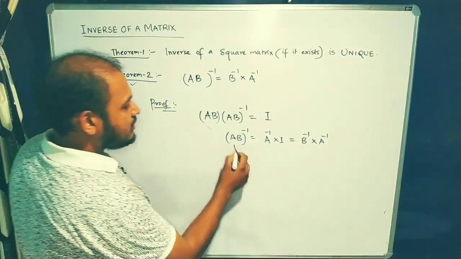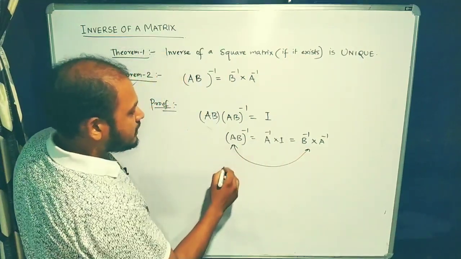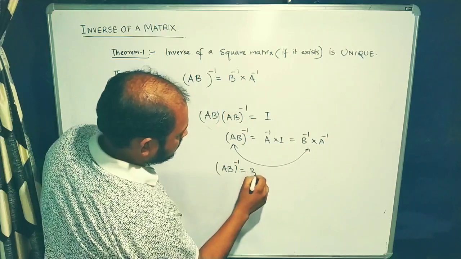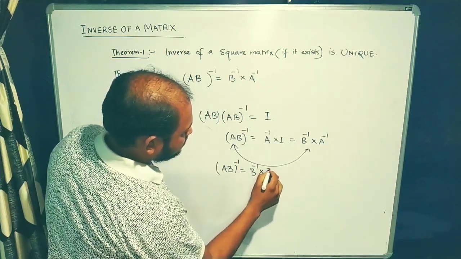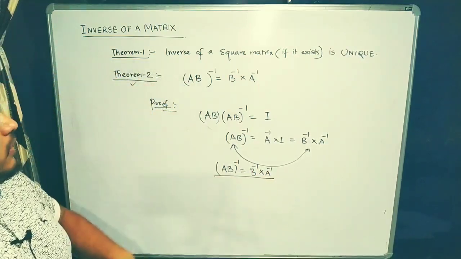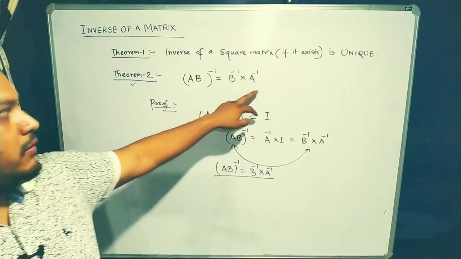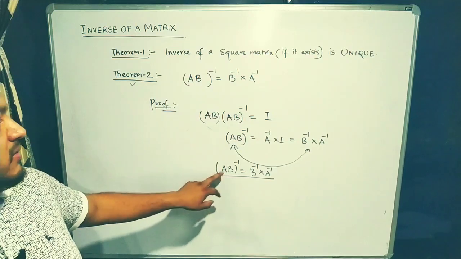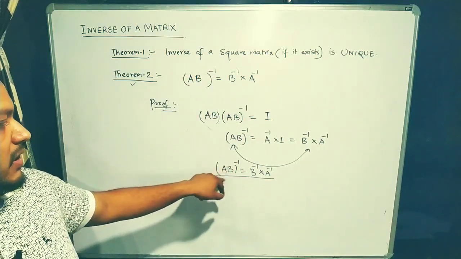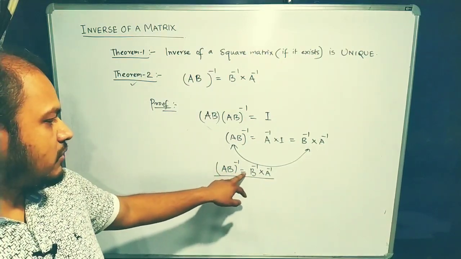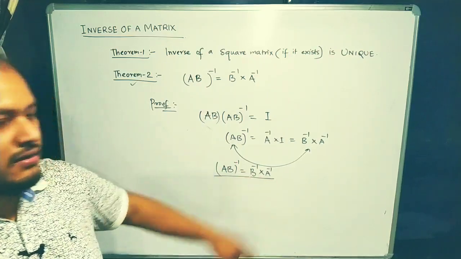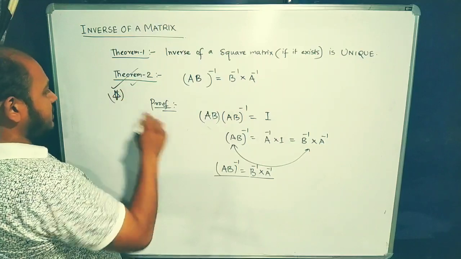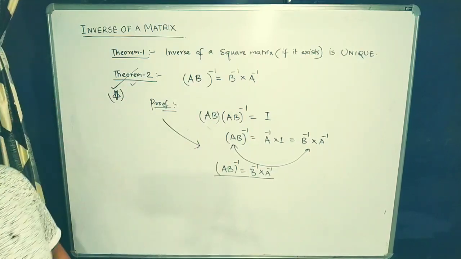So AB inverse is equal to B inverse into A inverse, and this is what we saw in theorem number 2. So we have finally proved theorem number 2: AB whole inverse is equal to B inverse into A inverse. This is a very important theorem. Keep it in your mind and practice this proof at home.